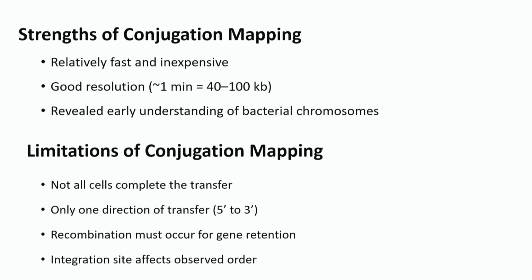That is why it is a bit cumbersome, and the direction is always one directional, and recombination has to occur. As I said, whatever the DNA is getting transferred in the bacterial genome, it has to be recombined with the parental chromosome to show the phenotype, because linear DNA, if it is there, will eventually be degraded. And integration site of HFR may affect the observed order, right?